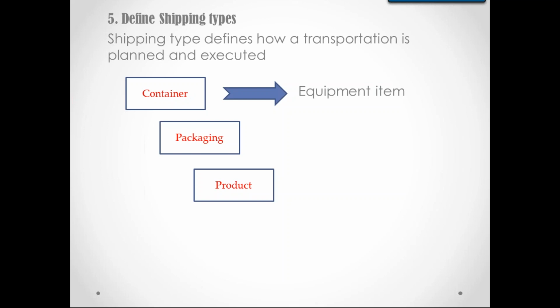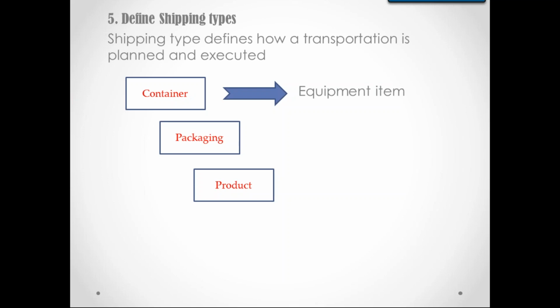So based on the quantity of your material, you plan the shipping types, whether it's container load, less than container load, full container load, less than truck load, or full truck load. That depends on your material quantity.